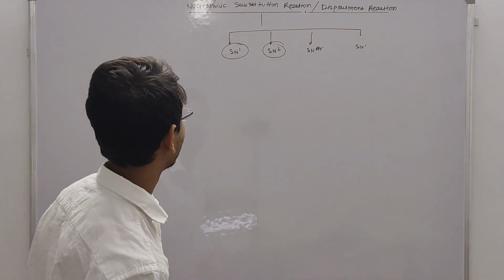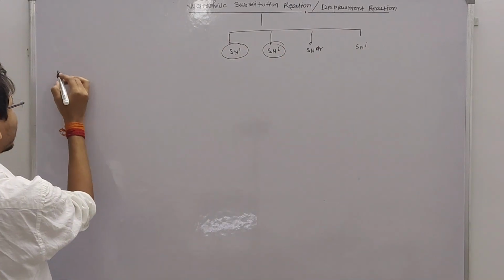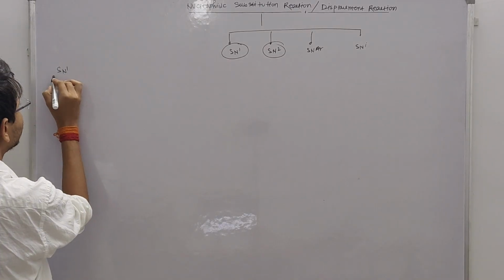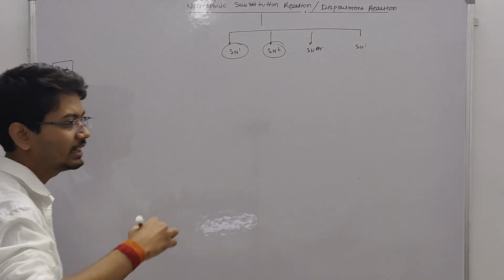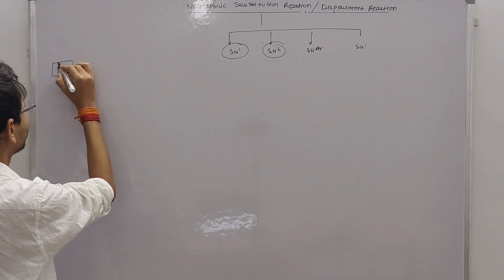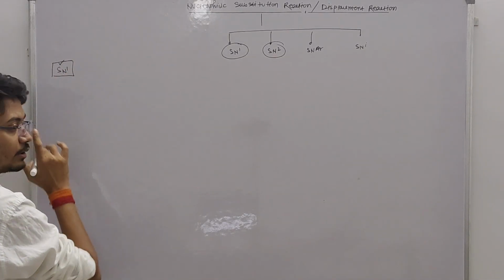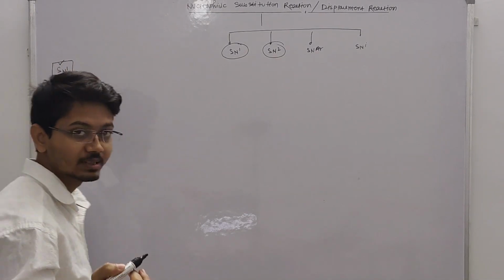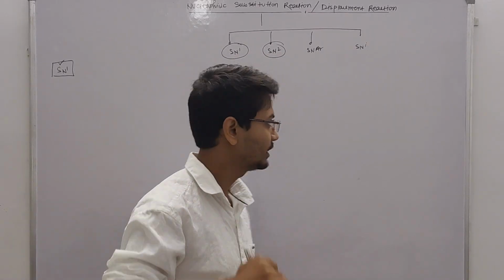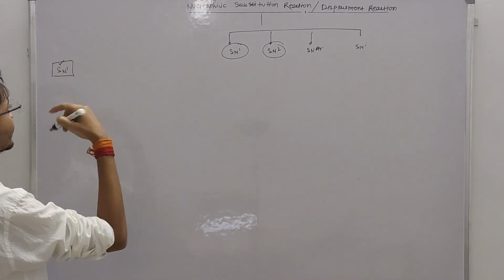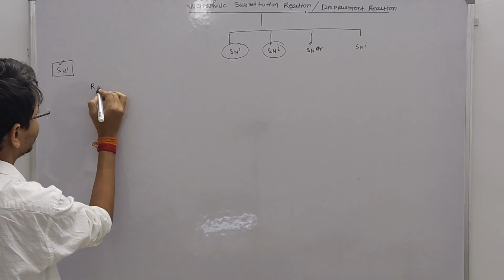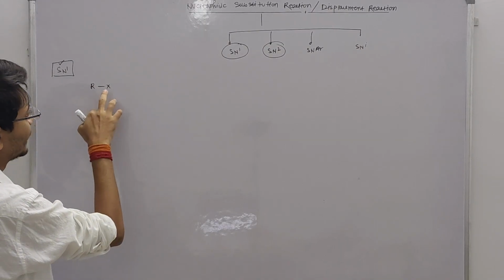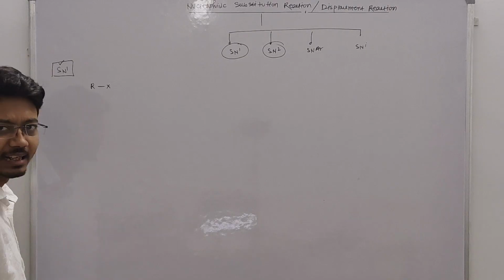So what is SN1? As I mentioned, SN1 is nothing but substitution nucleophilic unimolecular reaction. S for substitution, N for nucleophilic, and 1 stands for unimolecular reaction. Now, this is a general scheme. For example, RX, where X is a leaving group and R is any alkyl group.